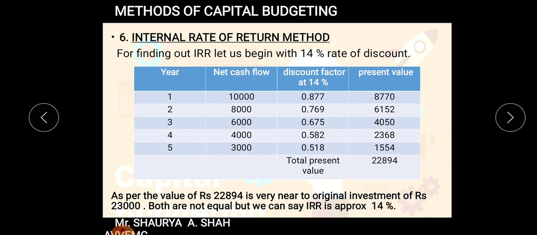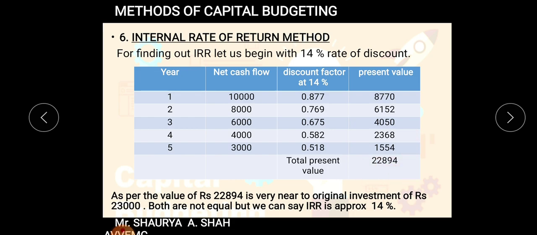Same thing you will do here: multiply the cash flows with the discounting factor at 14%. The discounting factor at 14% gives me the present value of 8,770 for the first year, and so on.